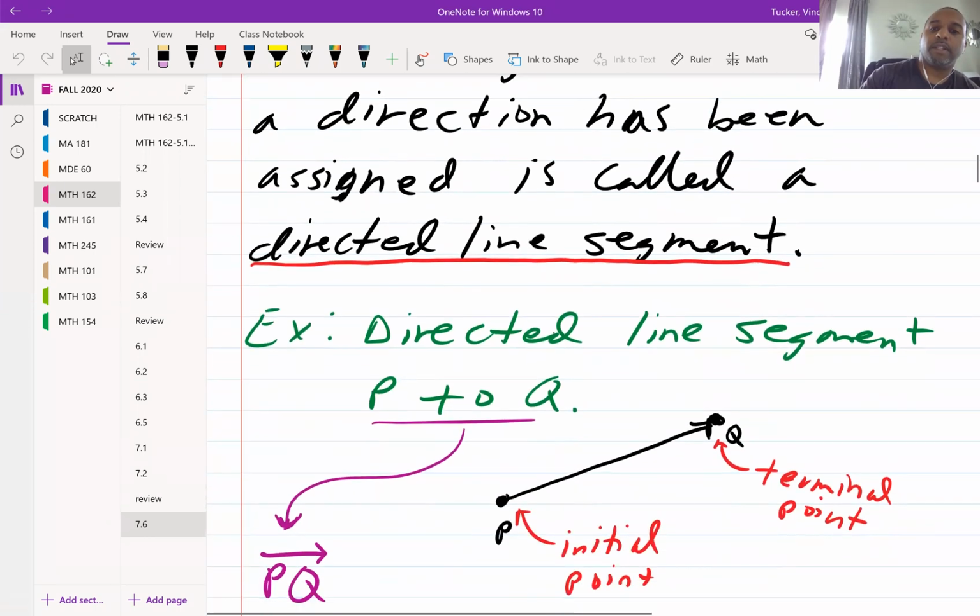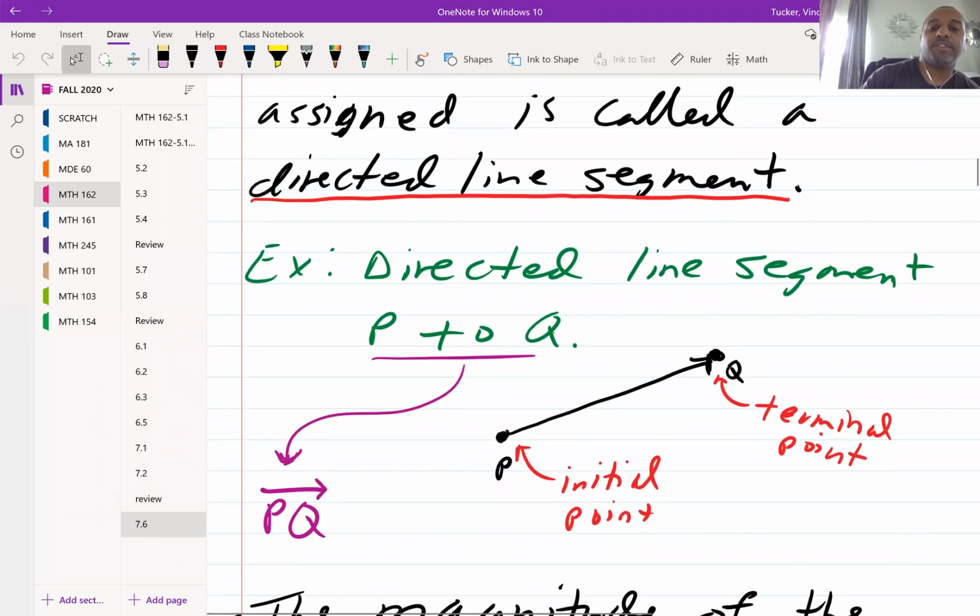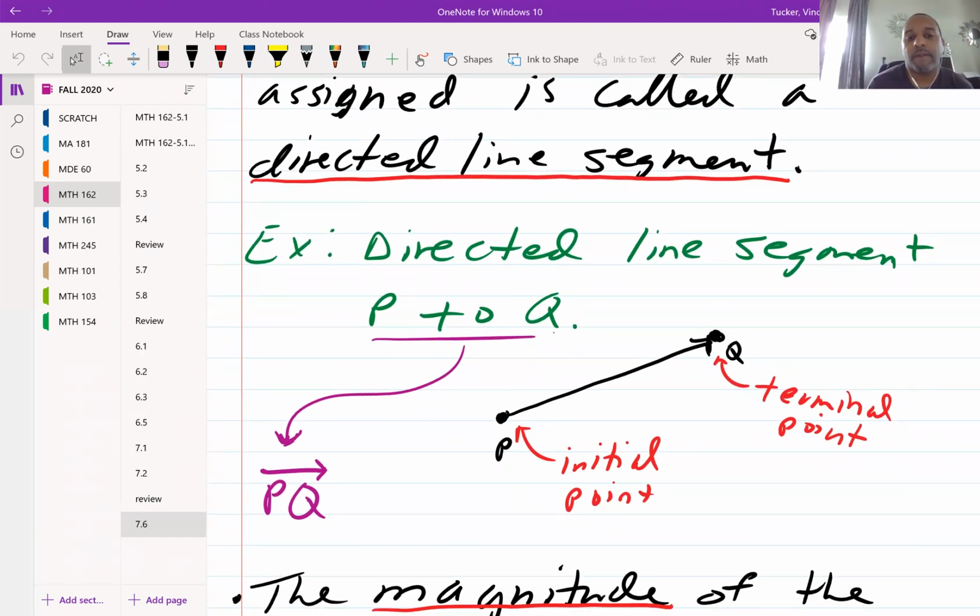Here is the directed line segment PQ, and here's a diagram of what that would look like. P would be your initial point, Q would be your terminal point, and then your symbolism right here is PQ with the arrow over P and Q.